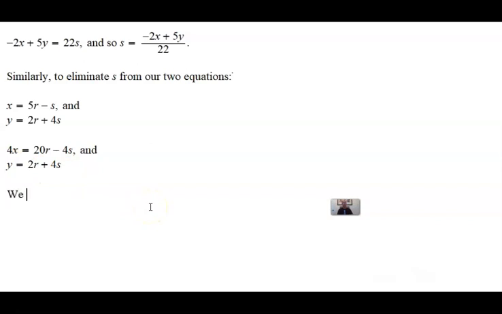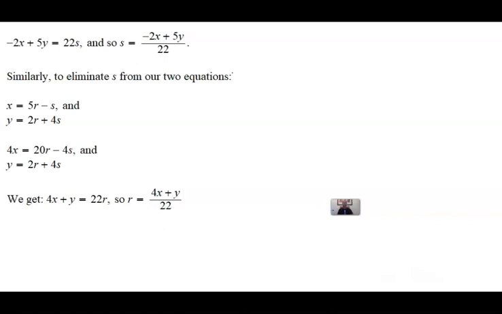Adding them together, we get 4x plus y equals 22r. And so r is going to be (4x plus y) divided by 22.